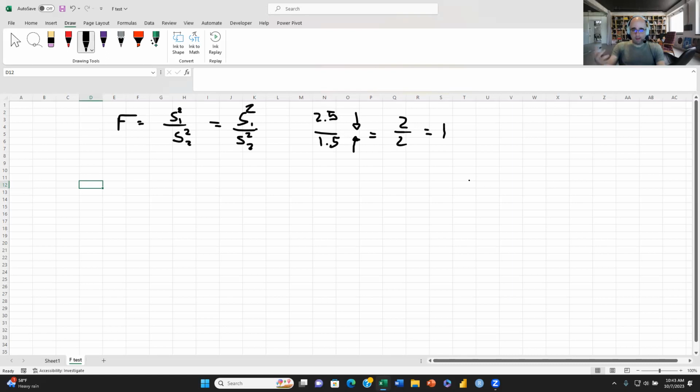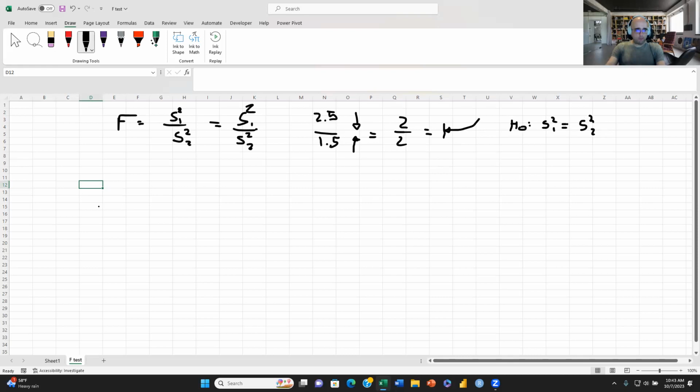So with F-tests, the rule is that the closer your F is to 1, the more likely your variances are the same. So the closer your F is to 1, the more likely you are to say that variance 1 is equal to variance 2.